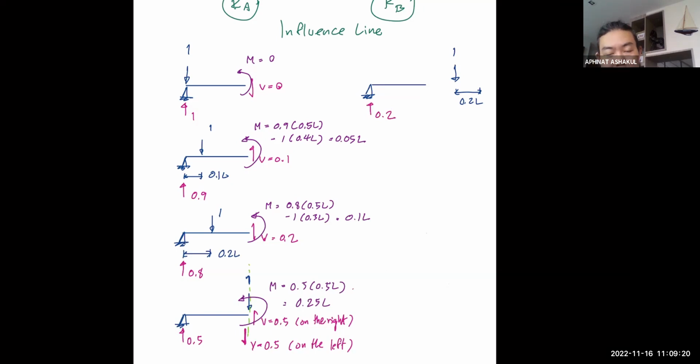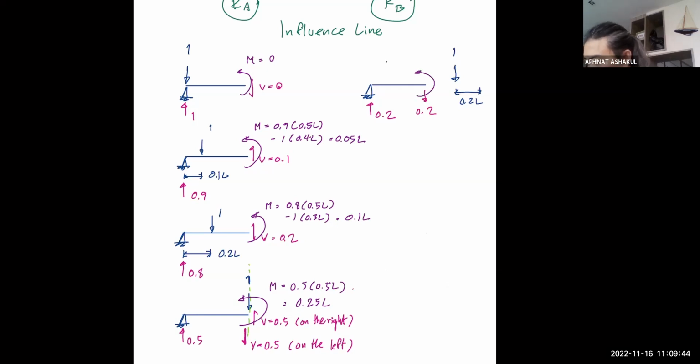So what would be our complete free body diagram? I now have to have the shear equal to 0.2. You can see that, right? Sigma Fy has to be equal to 0. And I still need to have moment. Still positive moment.